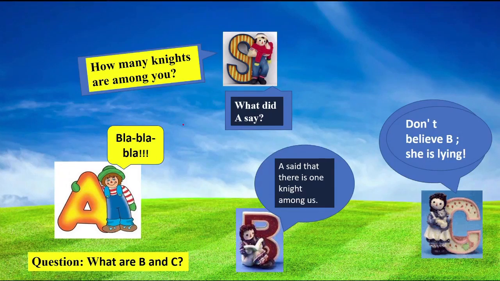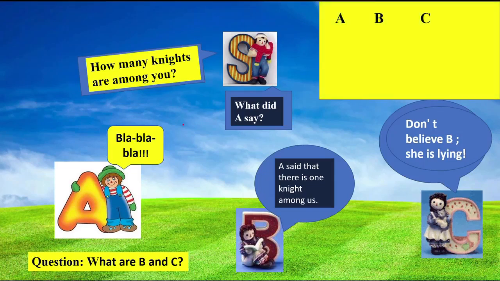To simplify the solution, we introduce a table where first we list inhabitants A, B, and C, and then we will keep track of our assumptions. Let's first assume that inhabitant C is a knave, so this statement is false.